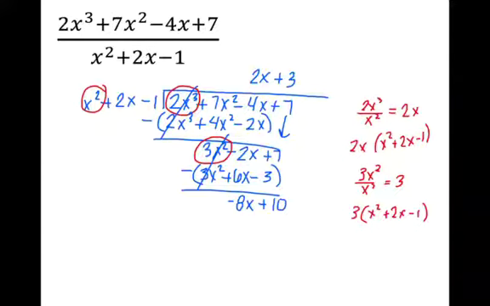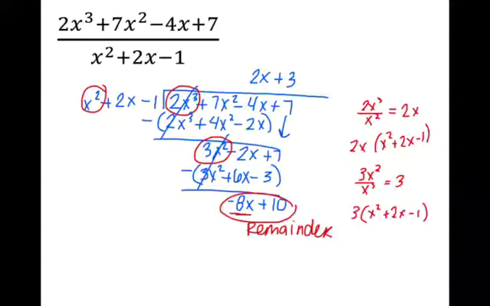If I compare my degrees on these two polynomials up here and down here, x squared is bigger than x. Once we reach this point, I am left with the remainder.